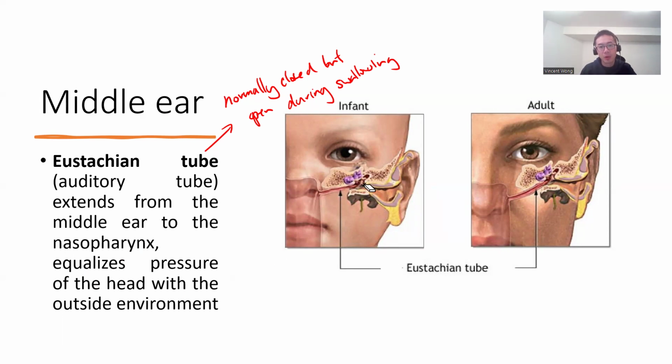It's a little bit more horizontal in kids, but then it becomes a little bit more elevated in adults, which is why for kids, if they have a cold or something, sometimes the stuff can drip and lead to an ear infection.